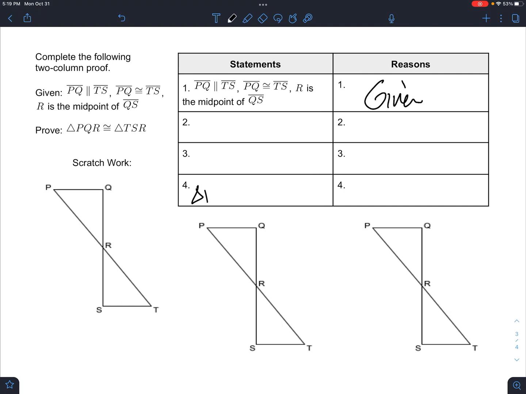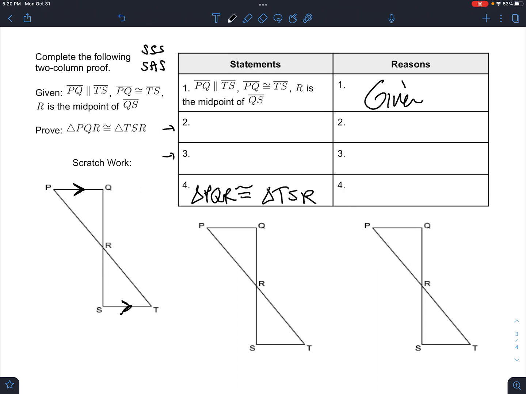So, given, what are we trying to prove? That triangles are congruent. So we are on the lookout for, at this point, SSS or SAS. So that's probably going to be these reasons here, is either a side matching or an angle matching.